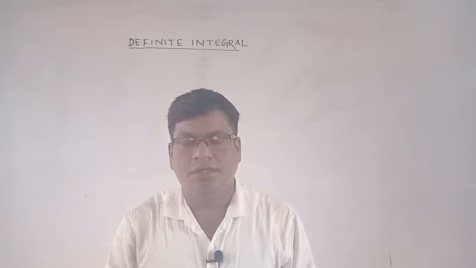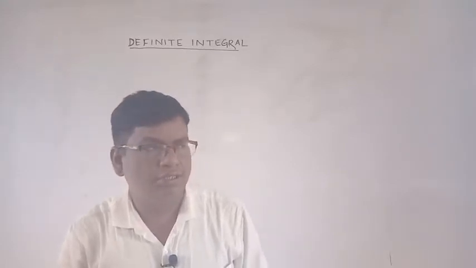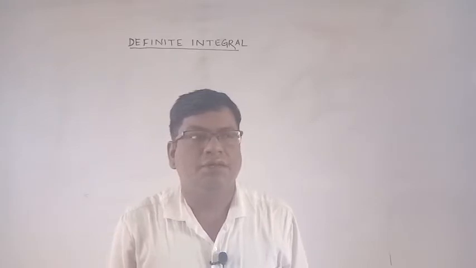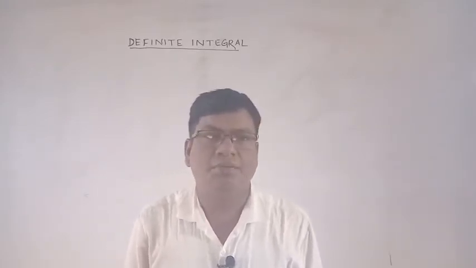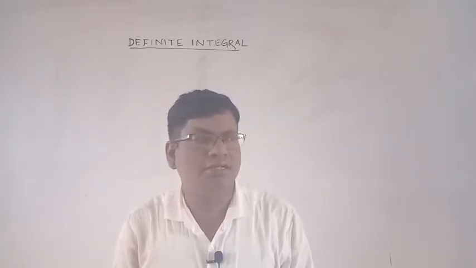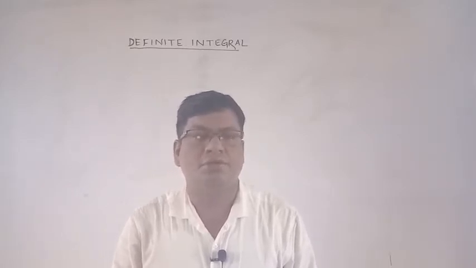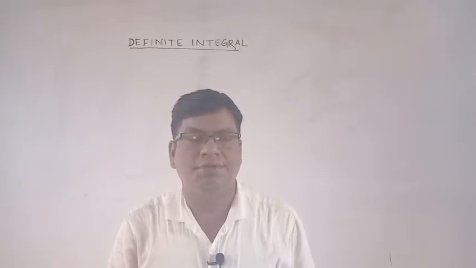Dear students, in last class we discussed the fundamentals of the definite integral and three elementary properties of definite integration. The first is: integration from a to b of f(x) dx is equal to integration from a to b of f(t) dt.